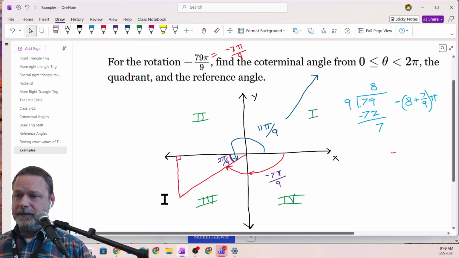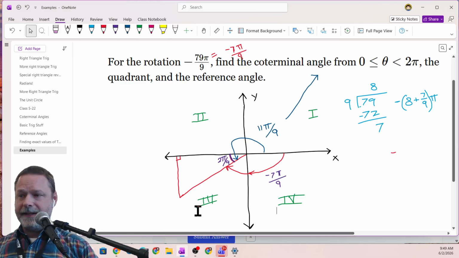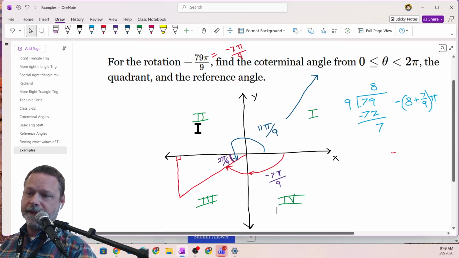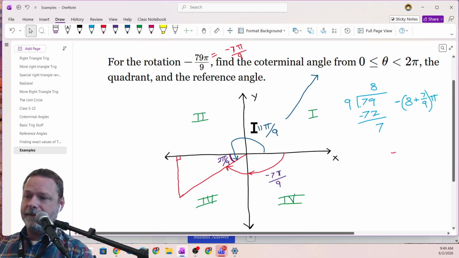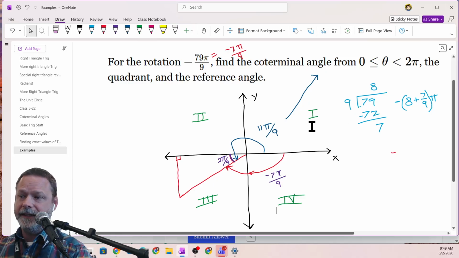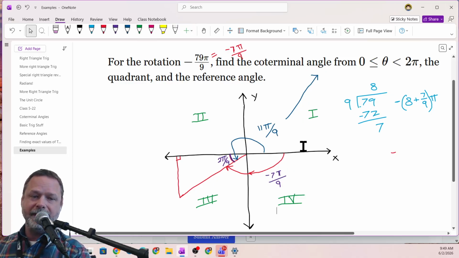All right, so let's answer our questions now. And this is a fun thing too. If we wanted more coterminal angles, I've talked about this, we can just start adding 2 pi to 11 pi over 9 or subtracting 2 pi from 11 pi over 9, and we'll get as many as we want.